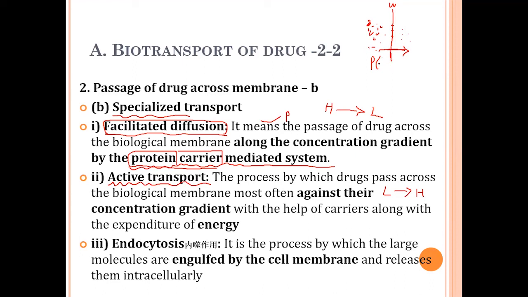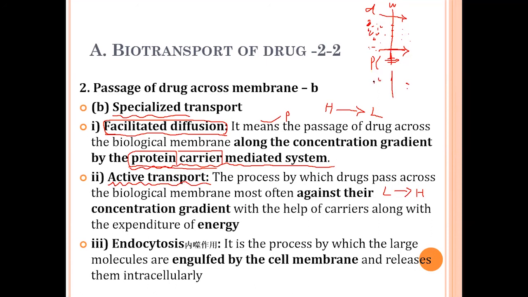And facilitated diffusion is like people passing through the wall by a door, where the door is open to allow people to pass through easily. That's similar to the drug or medication passing through the cell membrane. And active transport is like many people on this part who try to go to that part.